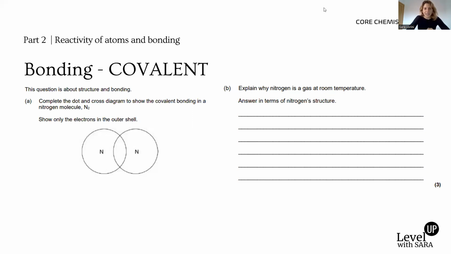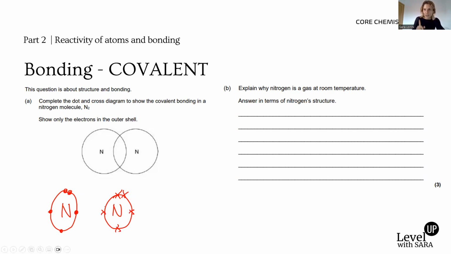I know nitrogen is a particularly tricky one to do the dot and cross diagram, so let's see if you got it right. Now, I will do it separately to show you what to do when you get stuck with dot and cross diagrams. Write down two nitrogens because that's what you have. And write down just the outer shell electrons. So this first nitrogen has 5. The other, well, both nitrogens obviously have 5 electrons.